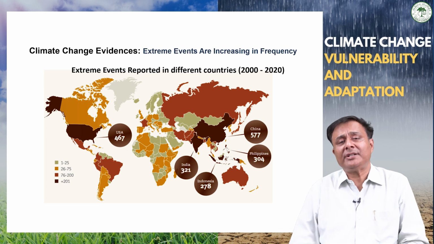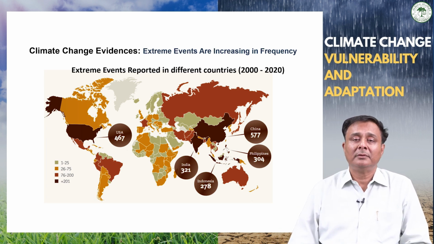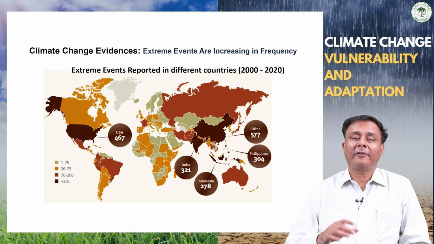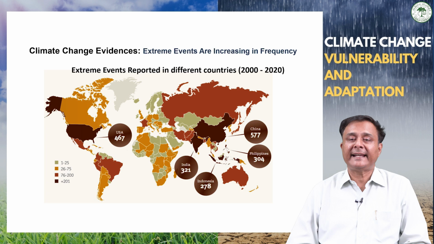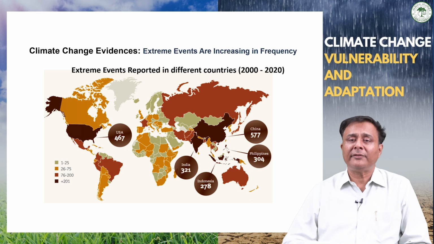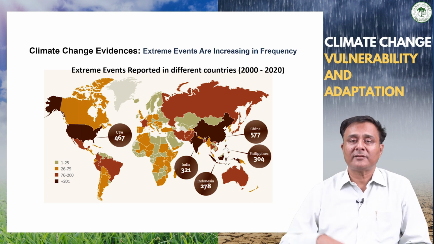The climate change also results in an increasing frequency of extreme weather events. For example, the record of high temperature days and nights over the earth's surface, they are increasing. The cold days are also increasing at some portion, some areas of the earth.